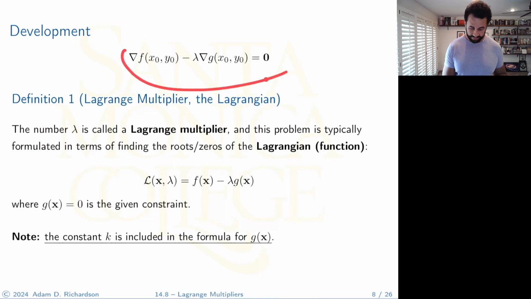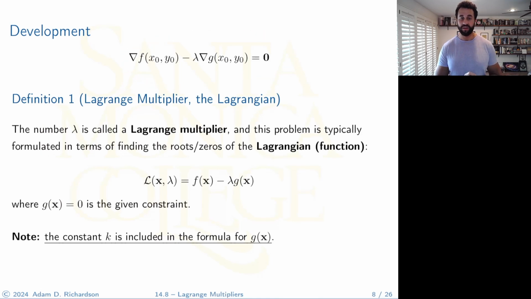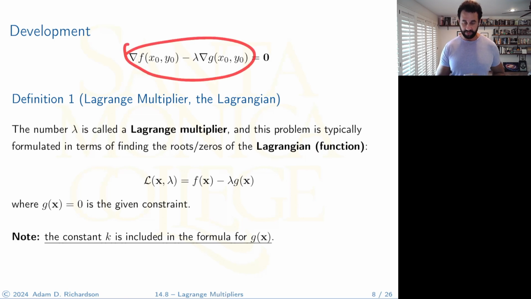Here we go. And this gives us the definition of a Lagrange multiplier and the Lagrangian. So that number lambda right here, that scalar, is what is called a Lagrange multiplier. And typically what you do is you formulate this optimization problem in terms of a function called the Lagrangian. So the Lagrangian function is this function right here, the difference between gradient f and lambda gradient g.